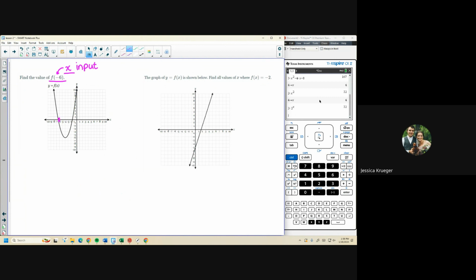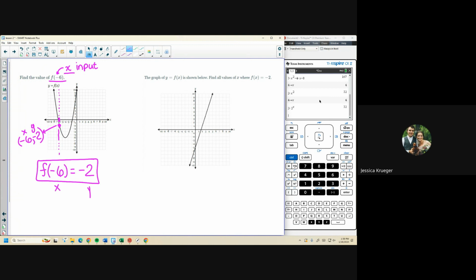If I want to know the value of my function, I've got to look up and down and see where the function is. Well, the function is right here. The coordinates of that point are -6, -2. So if I want to know what f of -6 is, well, it's the output or the y value when the x value is -6. So f of -6 is -2.